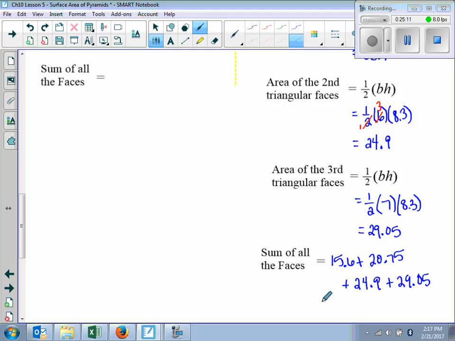Very good. So when we add all those together, what do you get? So we get 90.3. And what are my units? Meters squared.